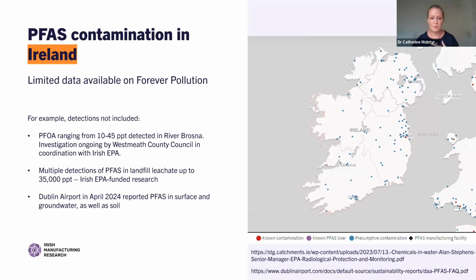They released a report in April 2024, and they've reported PFAS in their surface water and groundwater as well as soil. The forever nature of these chemicals means that contamination events will persist, and there may be accumulation or transportation of the contaminants. So we do see that there are instances of PFAS contamination in this country.